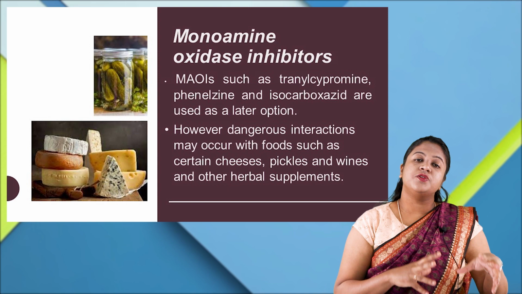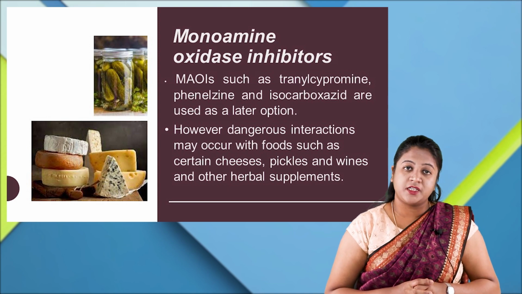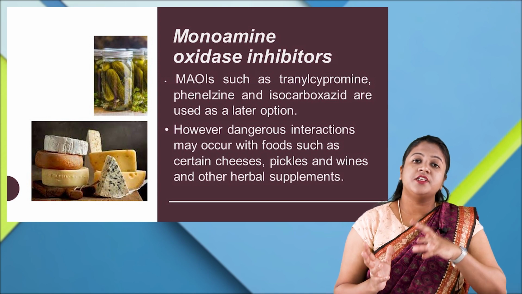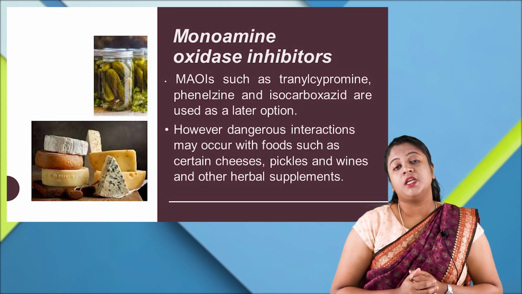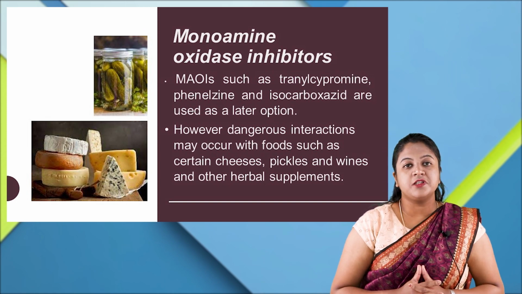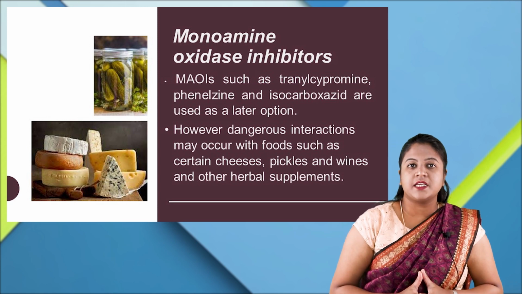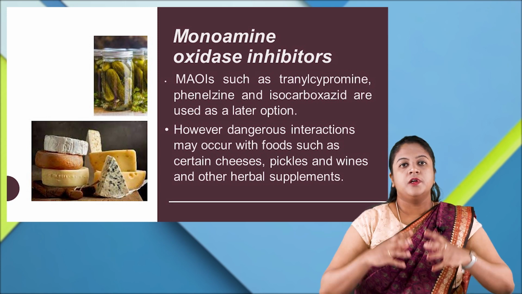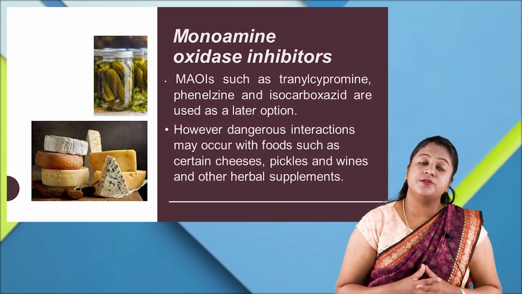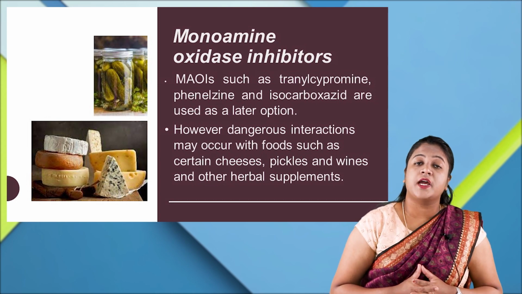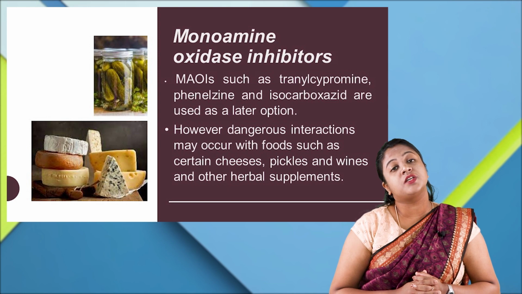They inhibit the monoamine neurotransmitters' breakdown. Examples include tranylcypromine, phenelzine and isocarboxazid.